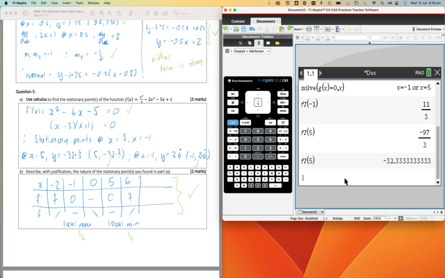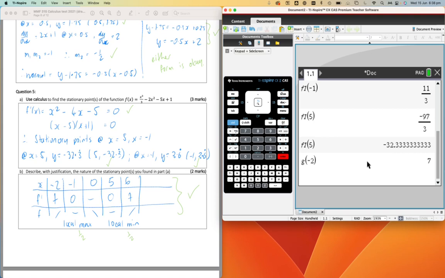It says describe with justification the nature of the stationary points. Again, now that you've got it all set up, you can do this really easily. So you can see that I've got my stationary point -1 here, or my x-coordinate at least, and my stationary point of 5 here. And I know they're zeros, so I just need to check these. And it is worth checking, guys. It's so easy when you've got a calculator. g of -2 returns 7.